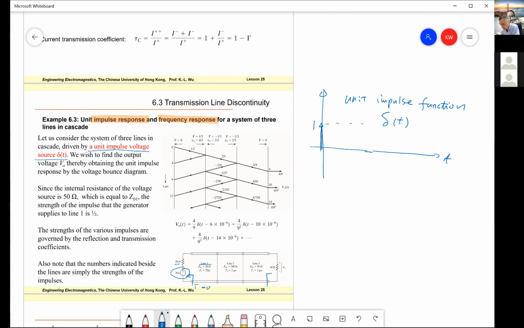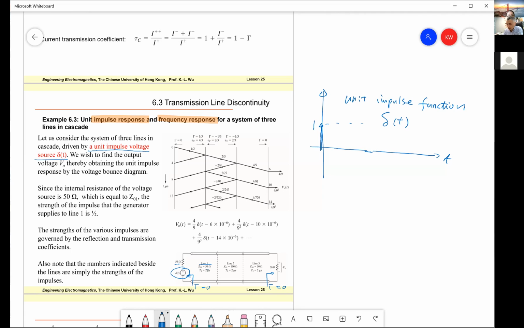Line 3 is also 50 ohm, and I put a matched load. So the terminal reflection coefficient equals 0. The reason is I try to keep it simple, and then we can look at the essence of multiple reflections between interfaces.